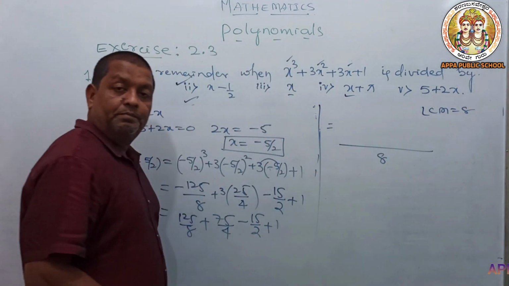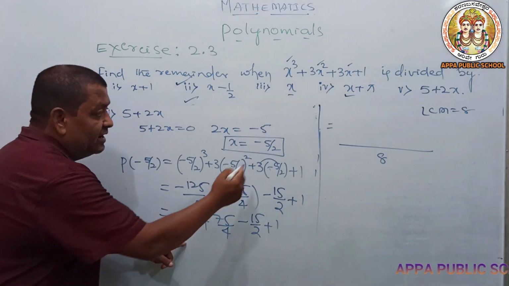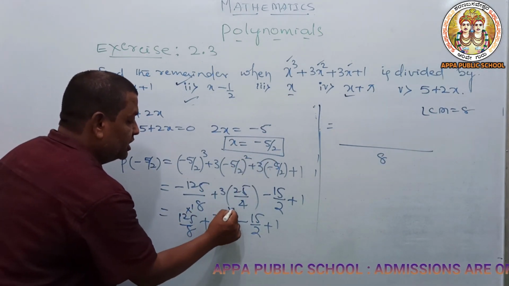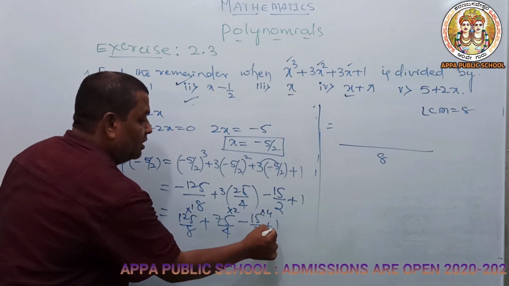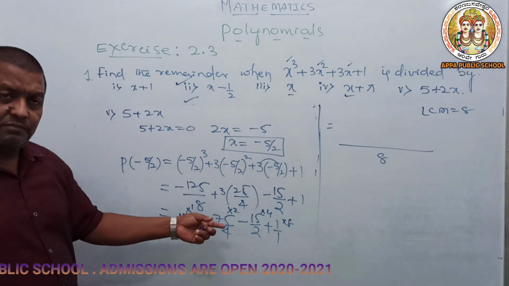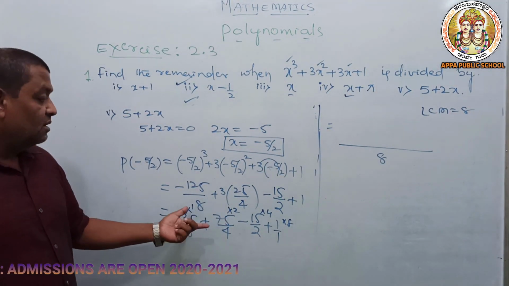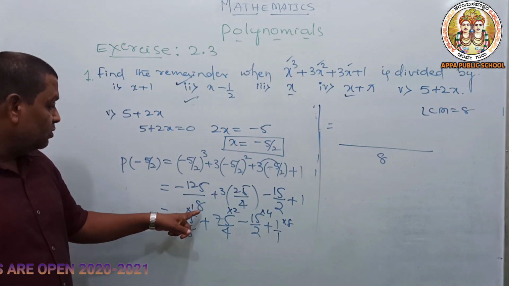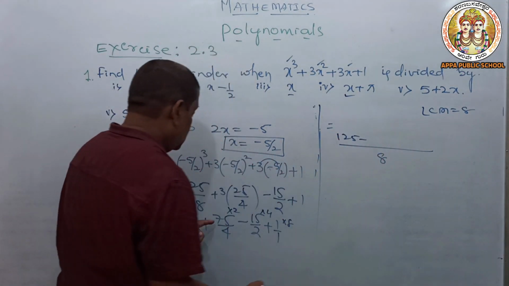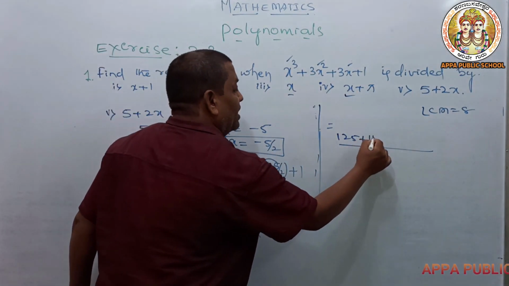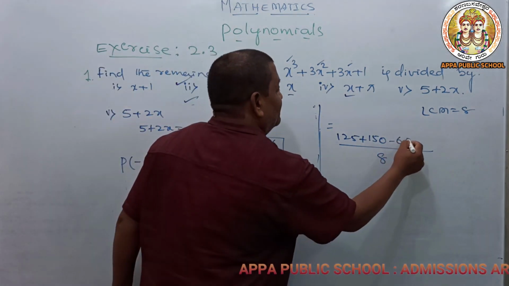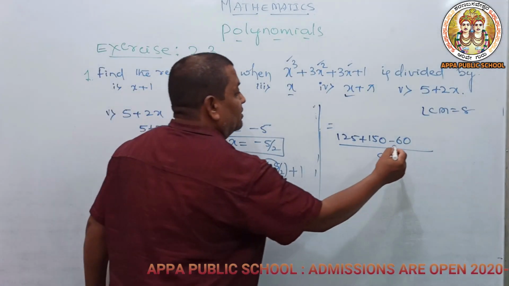What next? Take the LCM. Divide the LCM by this denominator. 8 ones are 8, 4 twos are 8, 2 fours are 8, and 1 eight is 8. So you already know in primary level how to do fraction addition. Now 125 ones, 125, 75 twos, 150, 15 fours, minus 60, and 1 eight, 8.